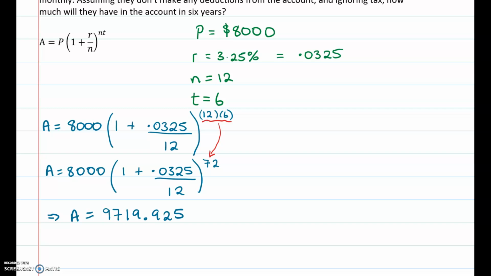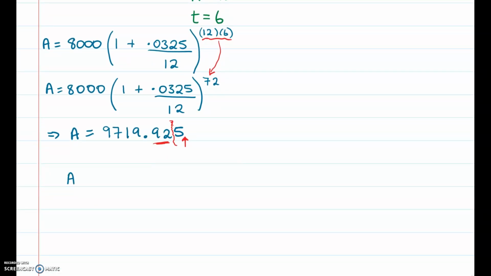Okay, so the nearest cent would mean you go 2 places after the decimal point. Look at this one, 5 bumps it up. So this becomes A is equal to 9,719.93. So after 6 years, the couple will have $9,719.93 in their account.